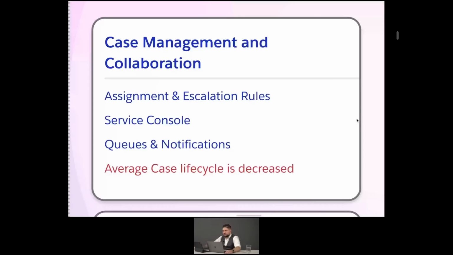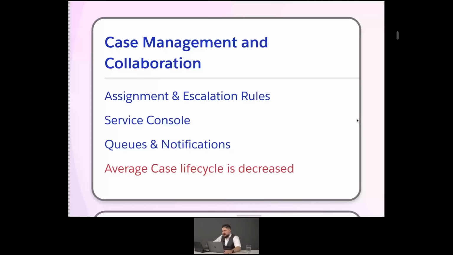Queues are configured to distribute work among people effectively. So you can see, for instance, when some service agent has too many inquiries to resolve, we can just take a group of them and assign to other people who are more free currently. And overall average life cycle of an open case is decreased, and it allows your service agents to work in a more optimal way and save some time.